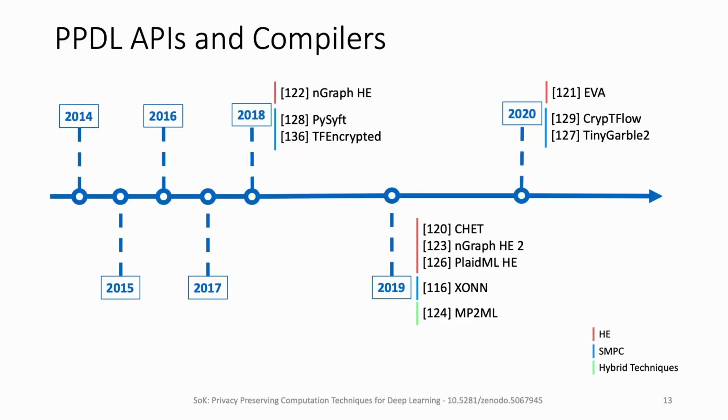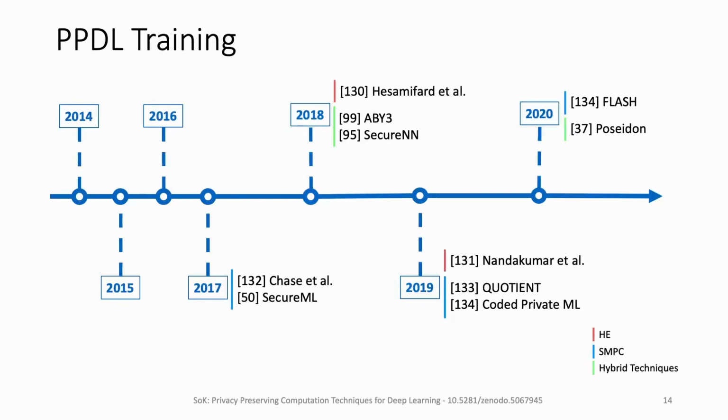Other works focus more on the security side, together with the usability, such as nGraph and their successors nGraph-HE2, PlaidML, or MP2ML. Apart from that, we have CrypTFlow, who focuses on the secure multi-party computation side, and TinyGarble. While all of the previous works require manual parameter selection, CHET and EVA provide simple interfaces that automate the parameter selection.